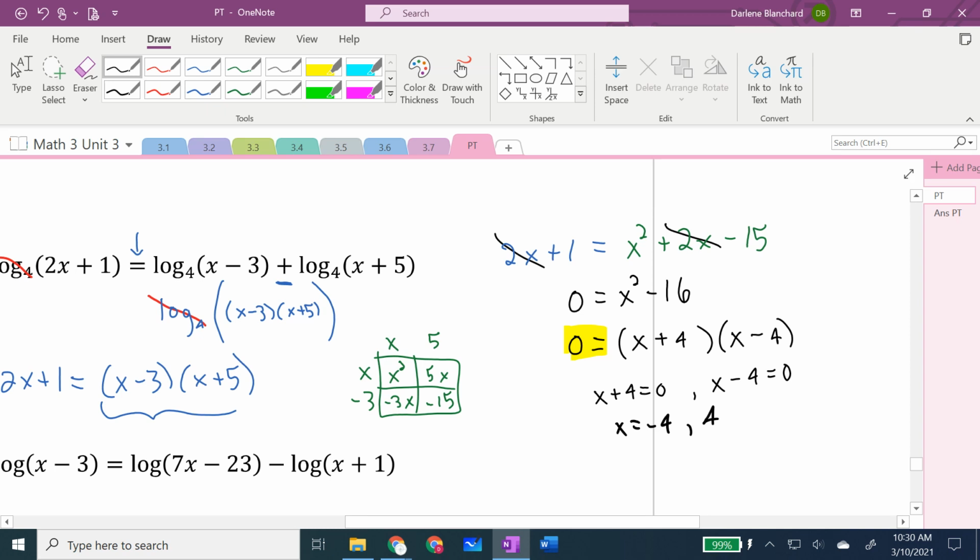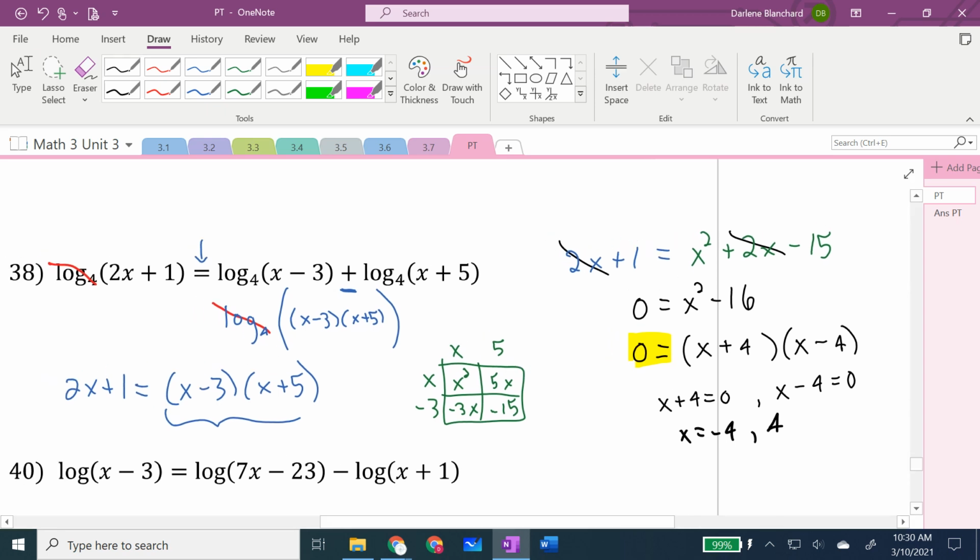And I'm getting to possible answers, but I do need to double check. I need to go back, and I began with these three insides of logarithms. To be a solution, the number has to make all three of these be positive numbers.